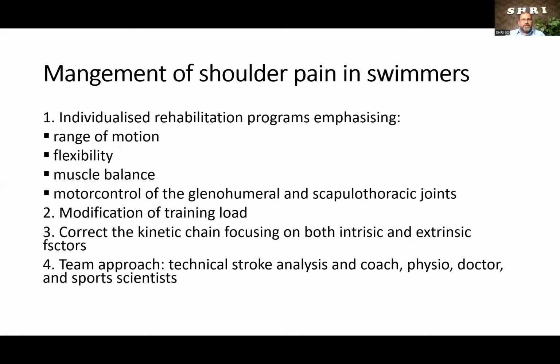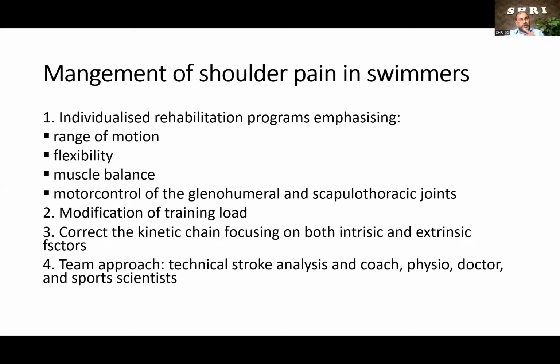As I mentioned earlier, periscapular muscles are also very important in swimming. Another one is modification of training load. We have to go through the history of the athlete, whether he is doing a high volume of training, and we have to adjust accordingly. Then correct the kinetic chain, focusing on both intrinsic and extrinsic factors.